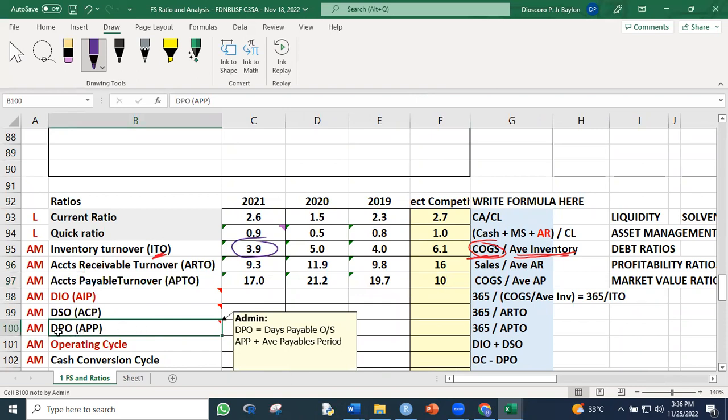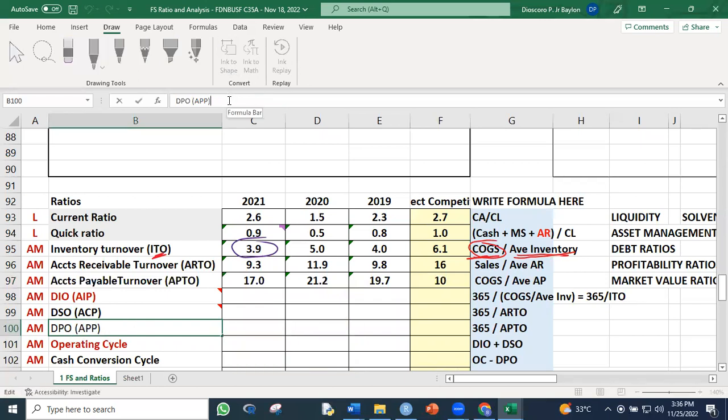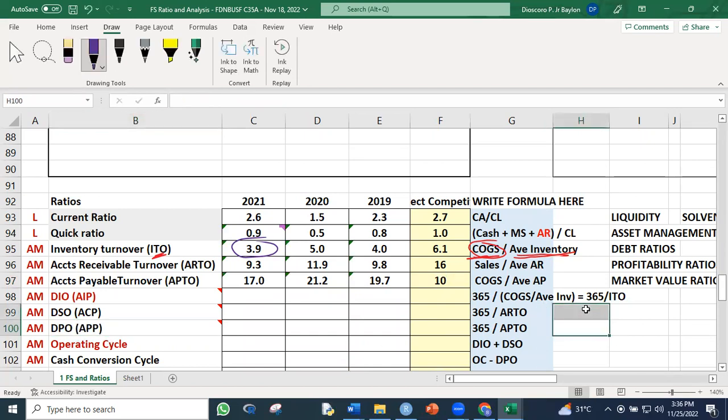DPO stands for days payable outstanding or average payment period, so APP. Please take that down. DPO stands for days payable outstanding. Let me write that. Days payable outstanding, I'll just put OS, or accounts payable.